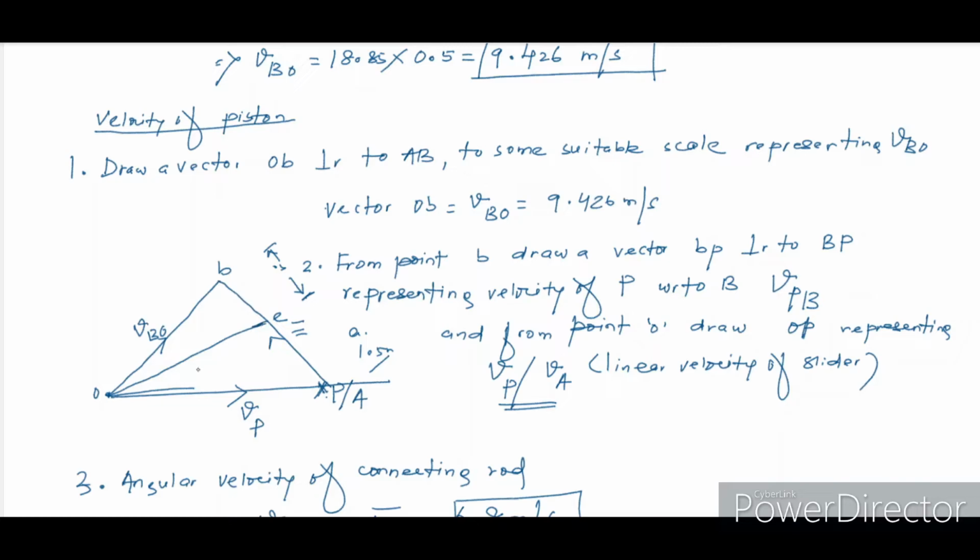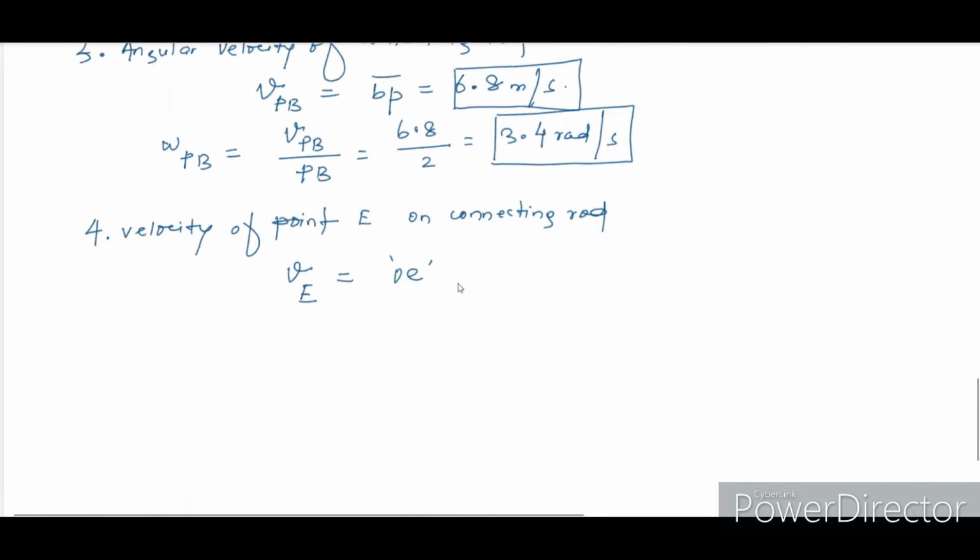Let's say this is E. So this line will give you velocity of point E. If you measure it, you'll get the value as per the scale. Now, with respect to my scale, it is coming around 8.5 meter per second. So you please check. Okay, all the values will be same. Okay, 1 to 2% deviation is allowed in this case. Okay, so nothing to worry.